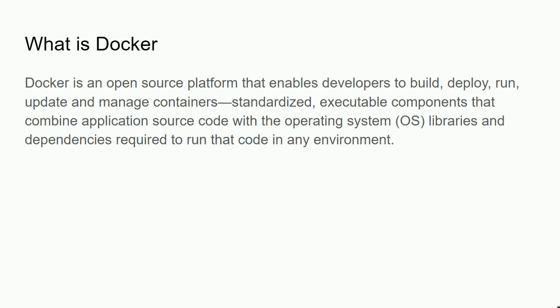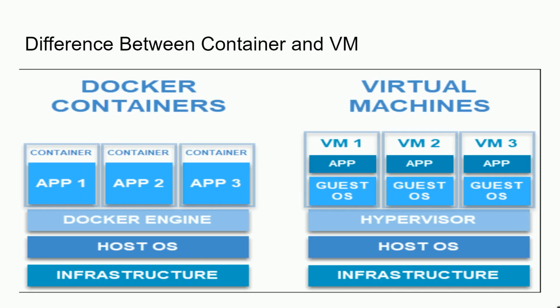Now next, the difference between container and the VM. The main difference is the Docker engine versus the hypervisor and the guest operating system. Let's take a look at the virtual machine first. First it includes infrastructure. On that machine, we need to set up a host operating system, either Windows or Linux or anything.